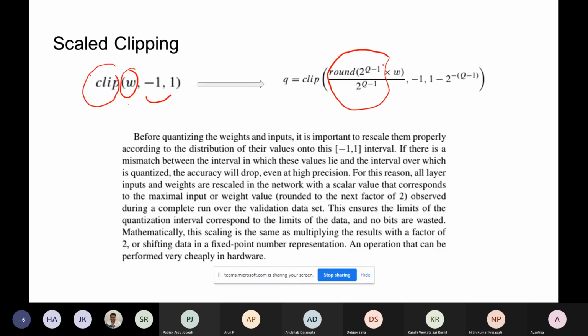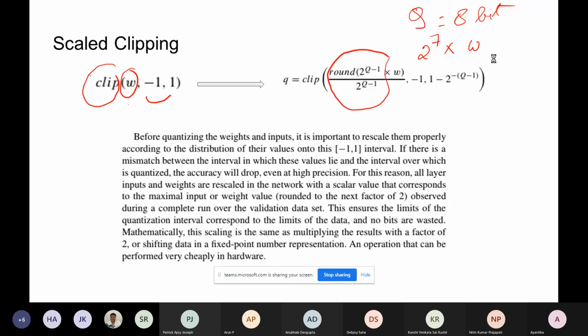If you are considering some 8-bit quantization, that means you are multiplying this W with 2 to the power 7, then you are rounding off, and then dividing that by 2 to the power 7. That way you are adding one scaling factor.